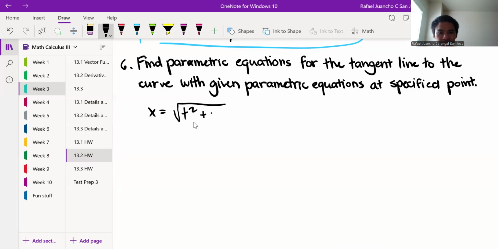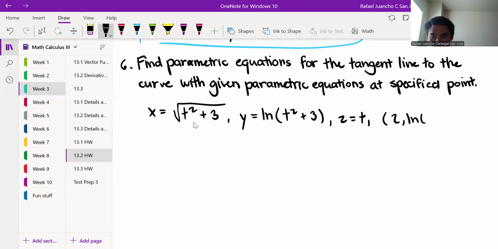We have a square root for my x. For my y, we have a natural log, so it's an elementary function of pre-calculus. And for my z, we have t. Very simple. For my initial point, we have 2, ln4, so ln4 is a number, and 1.